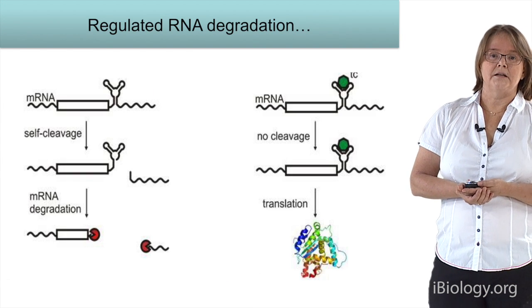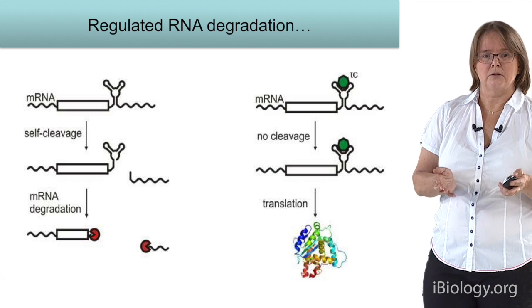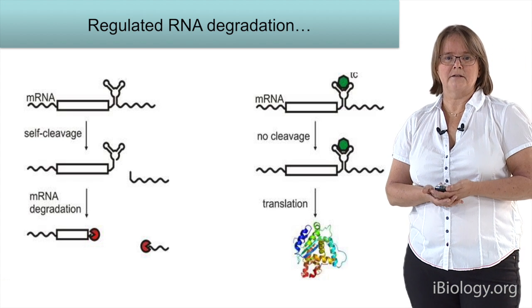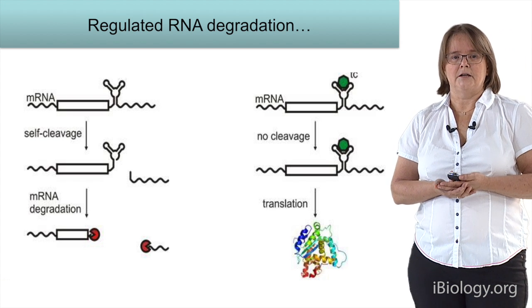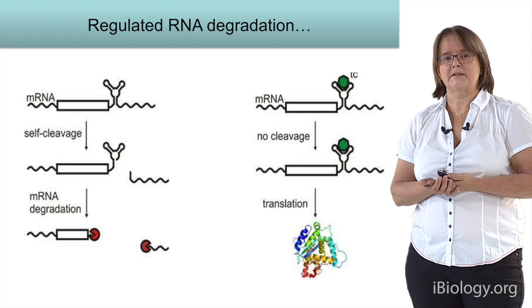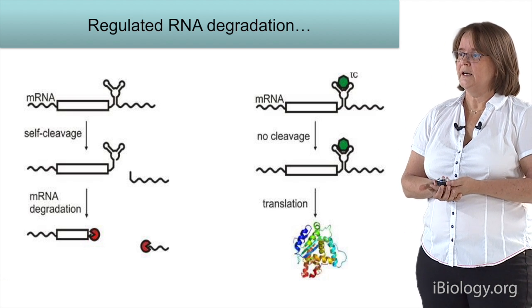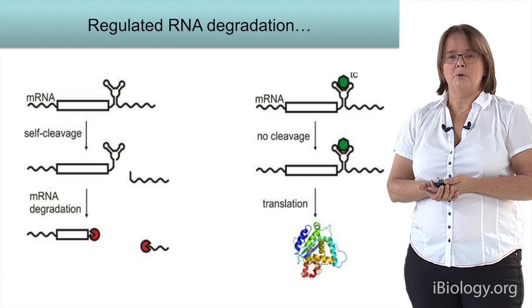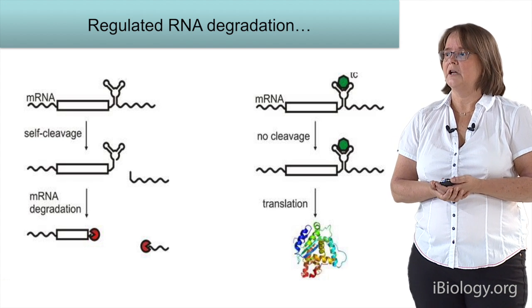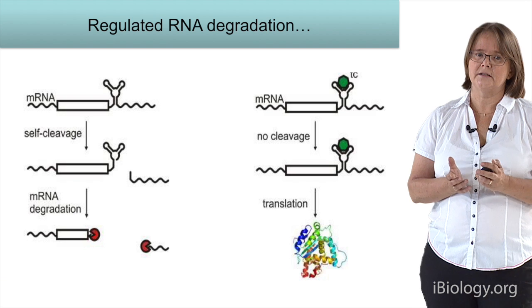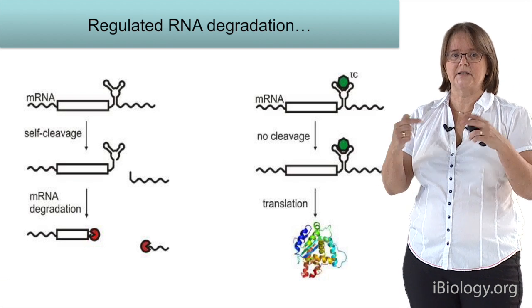A next cellular target, besides translation initiation and splicing, that we wanted to control was mRNA degradation. Here we made use of small RNA molecules, so-called ribozymes, and these ribozymes can cleave themselves.